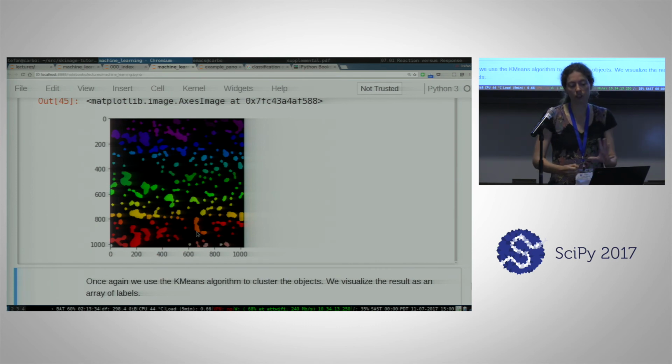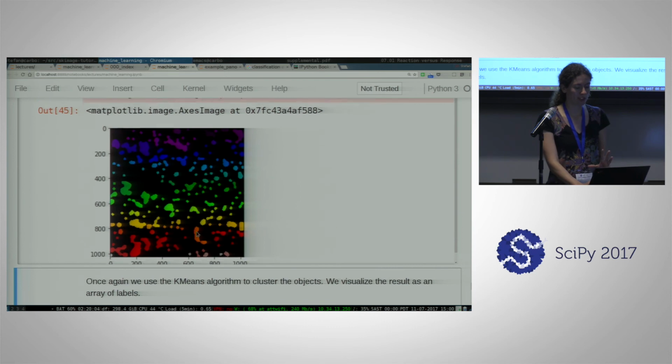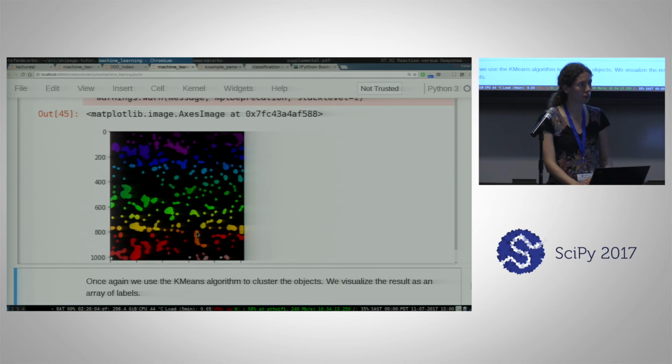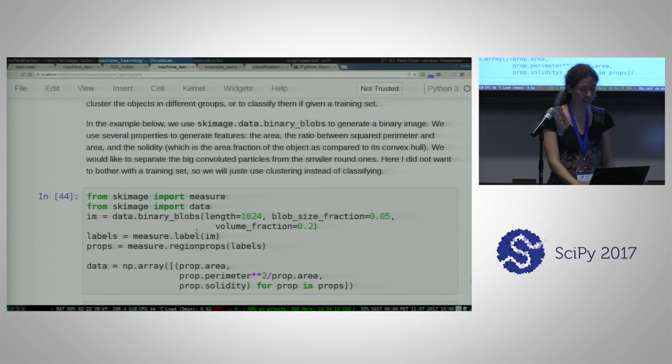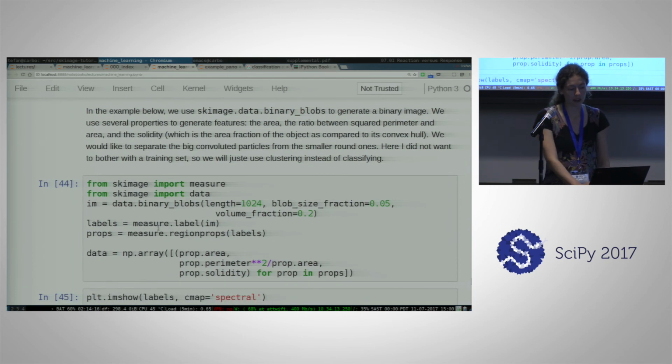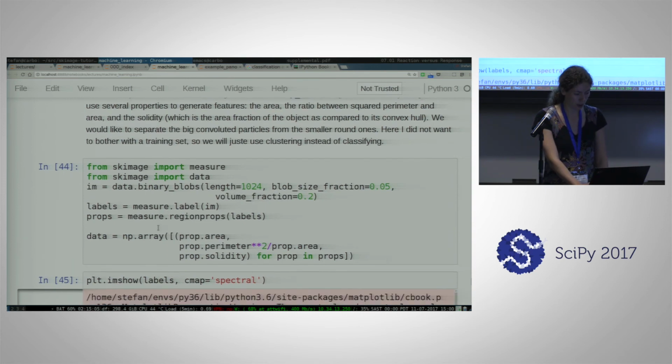So you can imagine that these blobs are the result of great segmentation that Claire did on her cells, but I'm not doing any segmentation here. I'm just using the data.binary_blobs function of scikit-image that creates a binary array of blobs. So it's quite useful as a mock-up for tutorials.